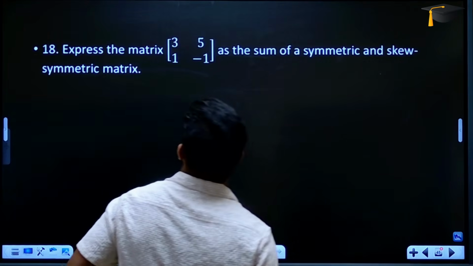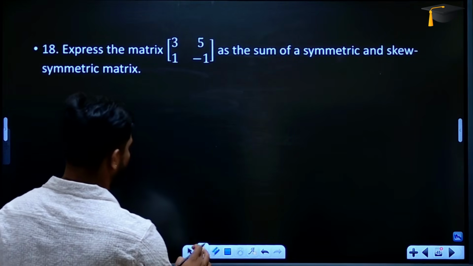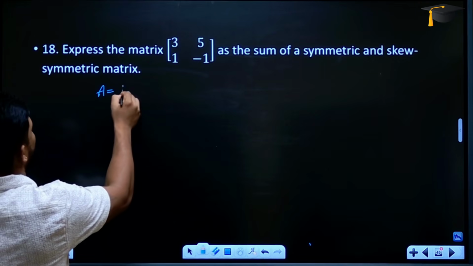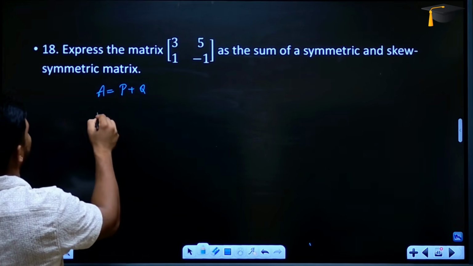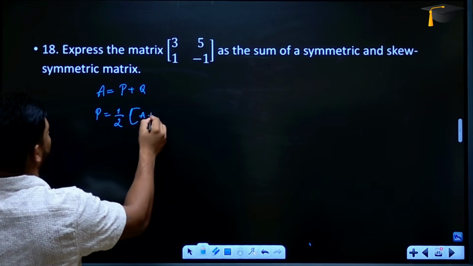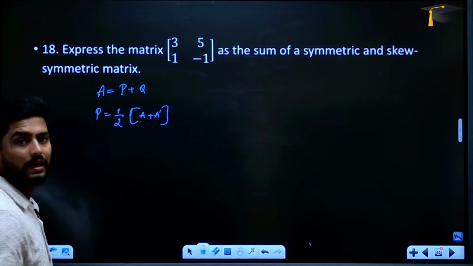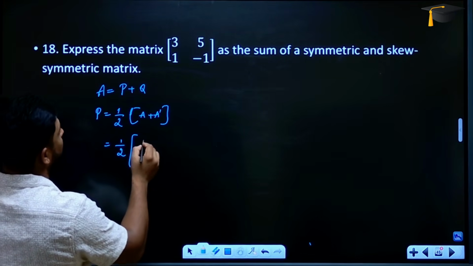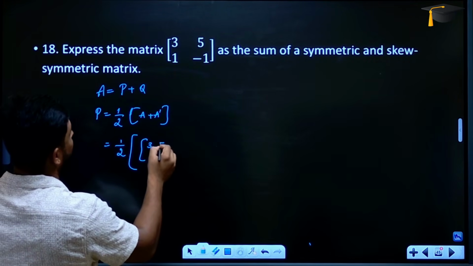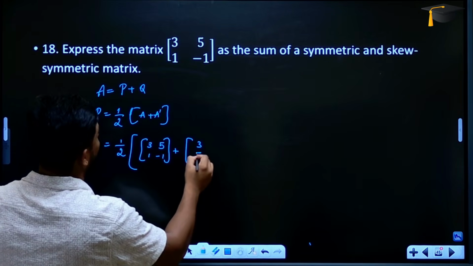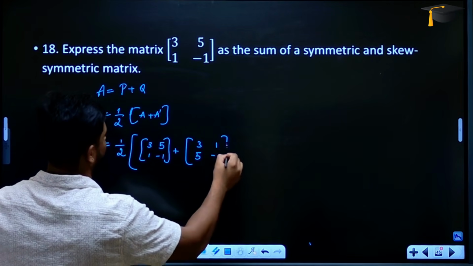Next. Okay, express the matrix as sum of symmetric and skew symmetric. First A is equal to P plus Q. So P is equal to what? Half of A plus A dash. So half of A is 3, 5, 1 minus 1, plus A dash is 3, 5, 1 minus 1.